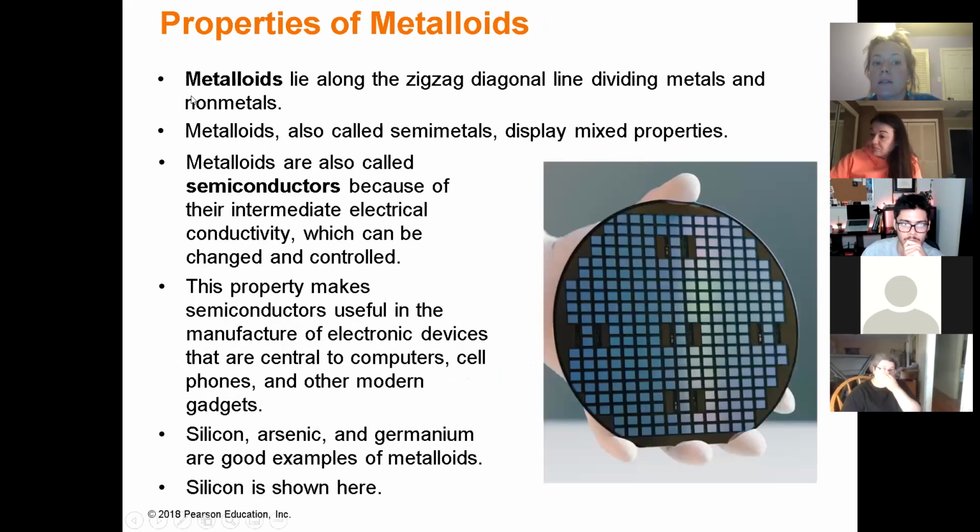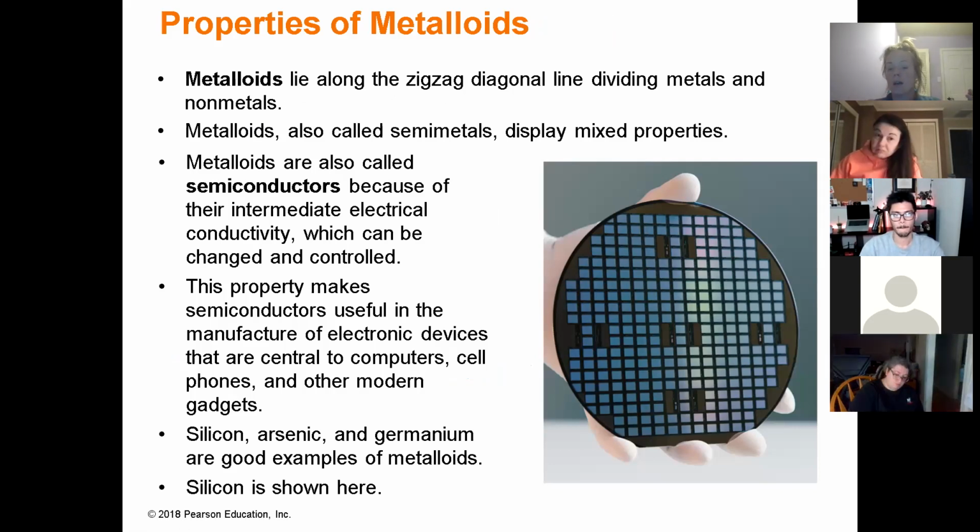We do have these things called metalloids. Okay, those are along the zigzag line. Again, I'm not going to make you identify those or anything like that. But metalloids are important because sometimes they're called semi-metals or semiconductors because they sit between a metal and a non-metal.